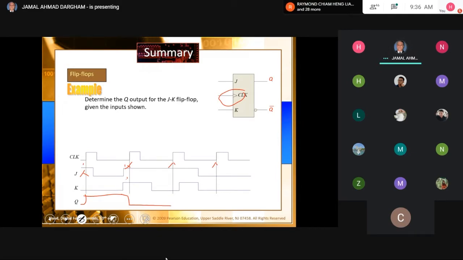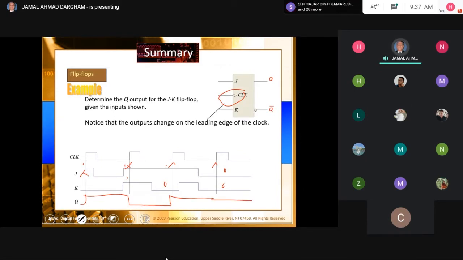Here I have 1 0, so it is set. It will go up and stay up till here. Here 0 0, it is hold, so it was 1, it remained 1.